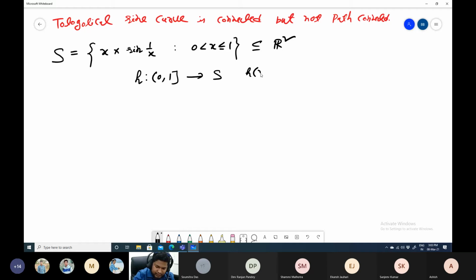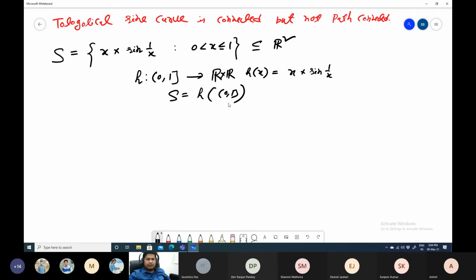So you can write f of x equal to, okay, or you can write here this is your R2. So S is this, and here S equal to this one.